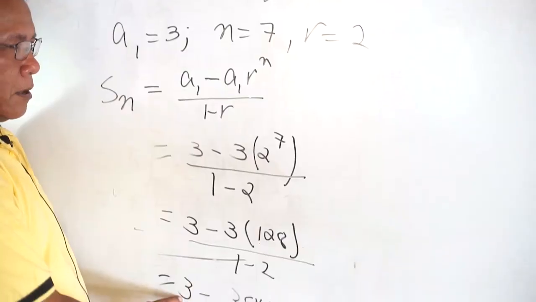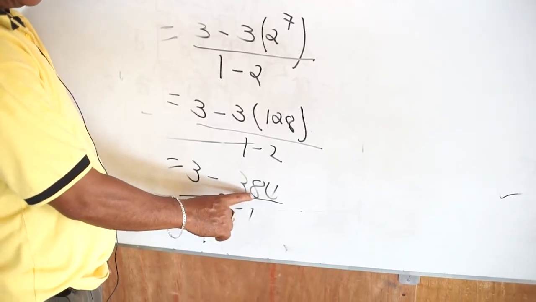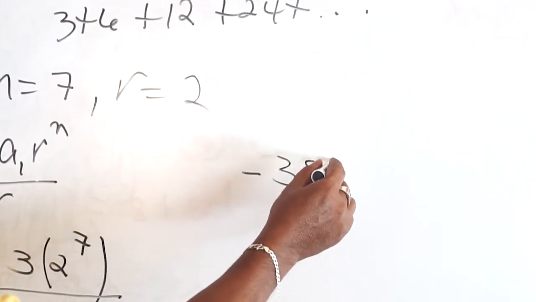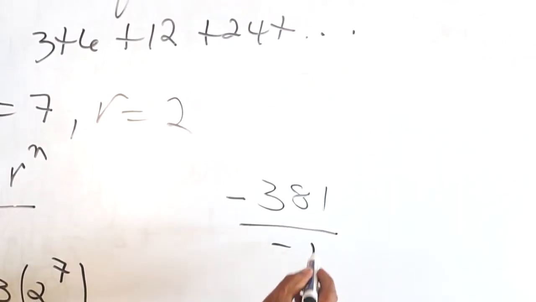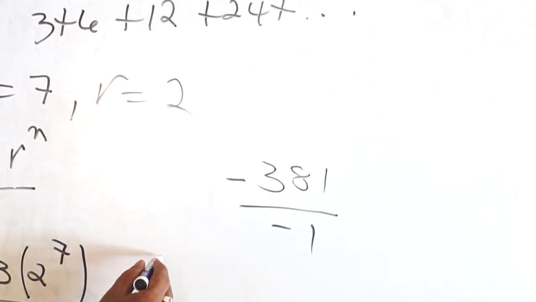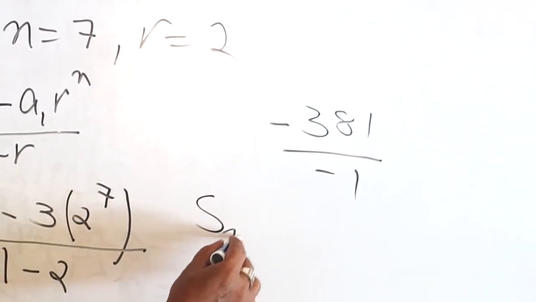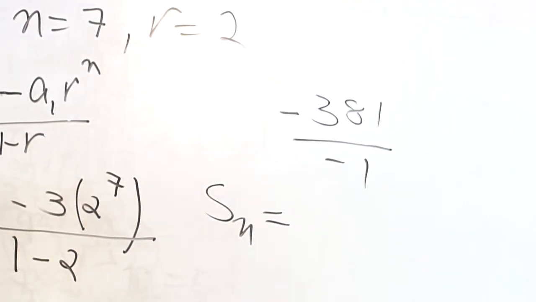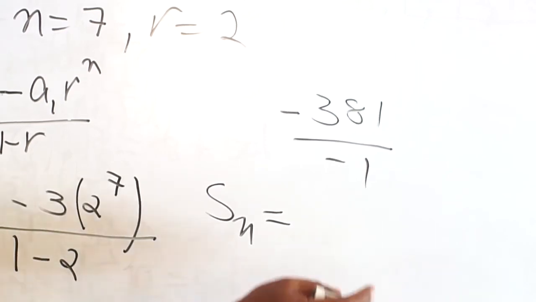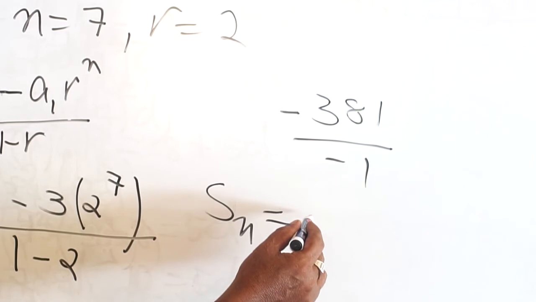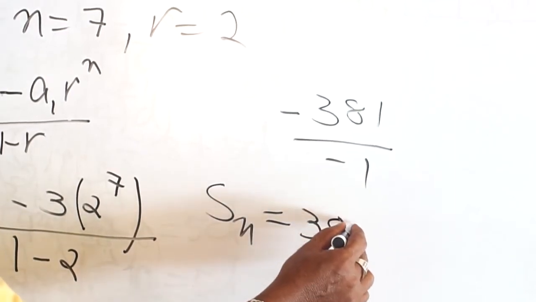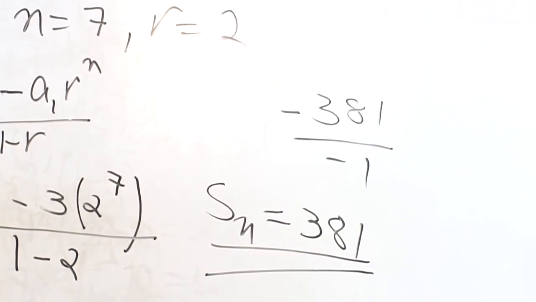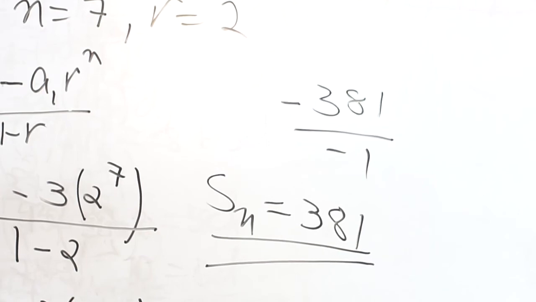Positive 3 minus 384, so we have here negative 381. Divide it by negative 1. So the final answer, the sum of the geometric series, is equal to negative 381 divided by negative 1. So the answer is positive 381. So this is now the sum of the 7 terms of the geometric series.